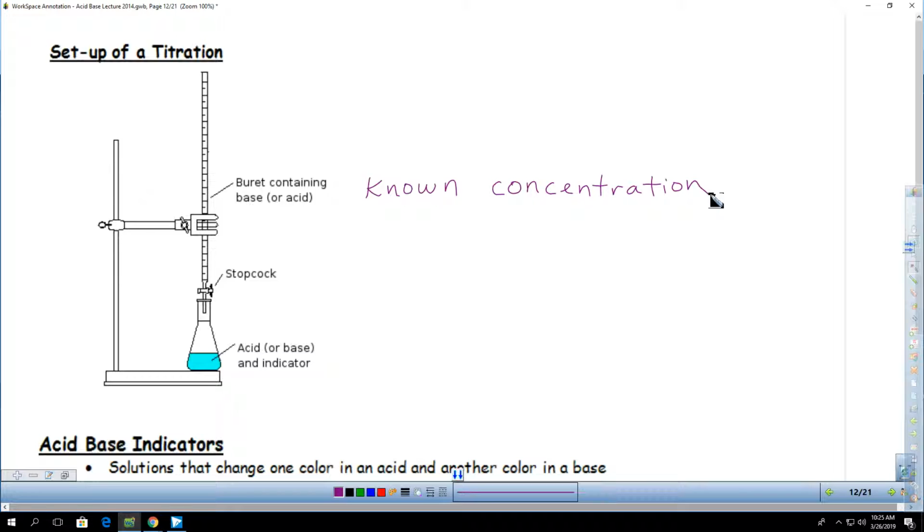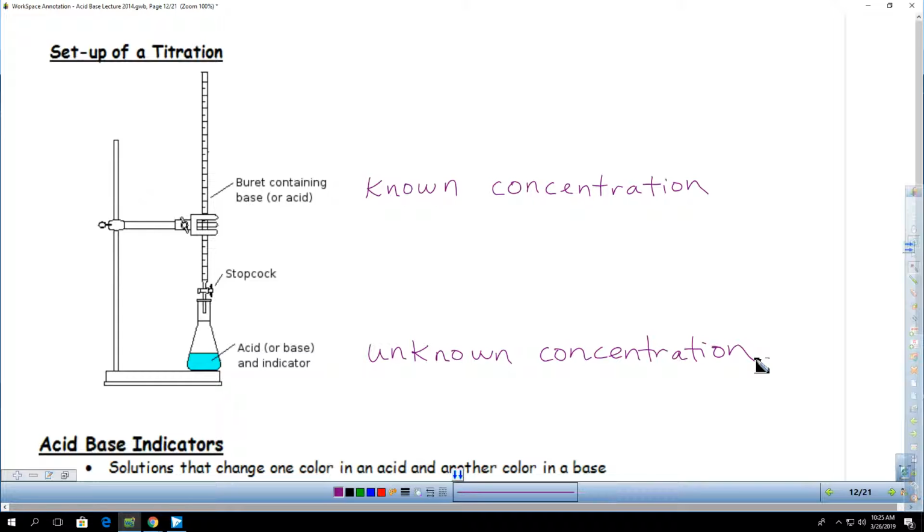Down in the bottom, you'll have your acid or base. But the main thing to know is that this is the solution of unknown concentration. This is your unknown. That goes down in the flask.